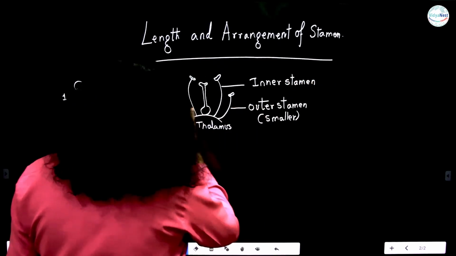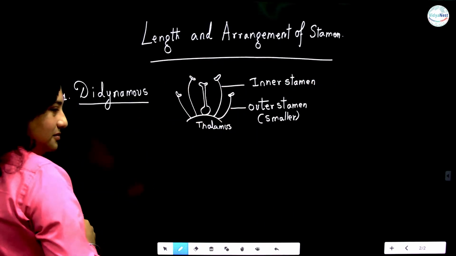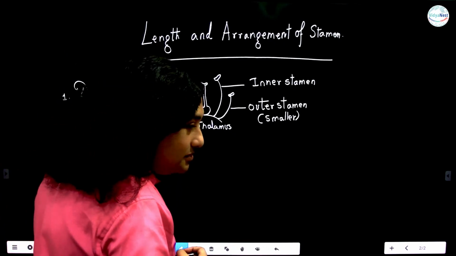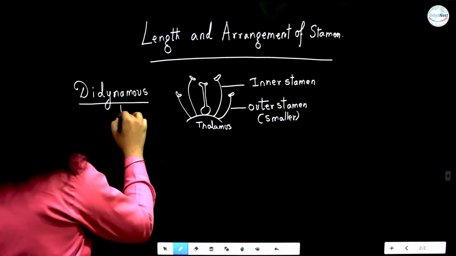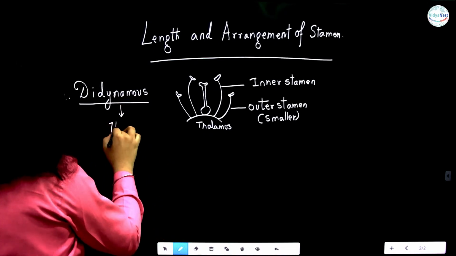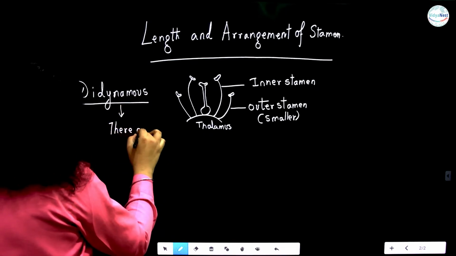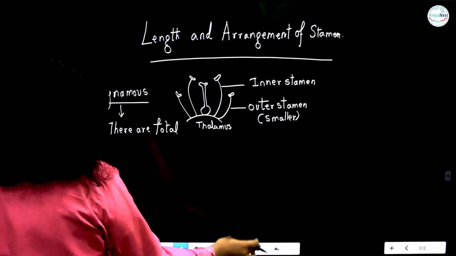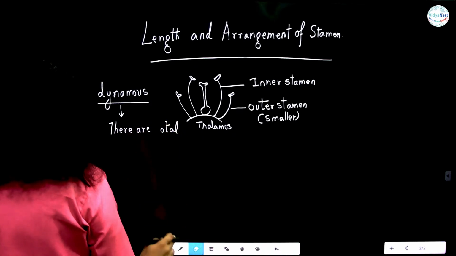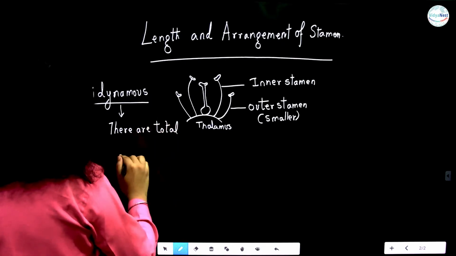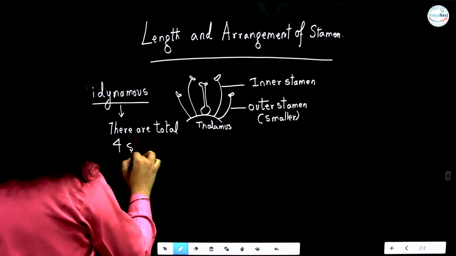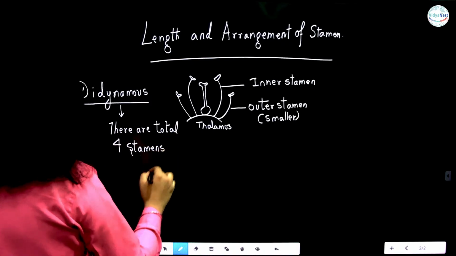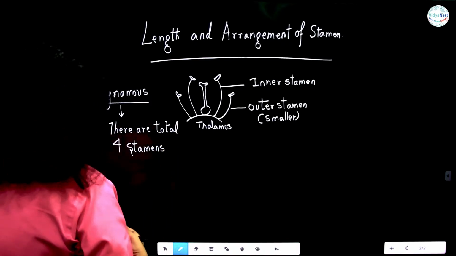So how many total stamens can you see here? Four. So in the didynamous condition, there are a total of four stamens, arranged in this manner.